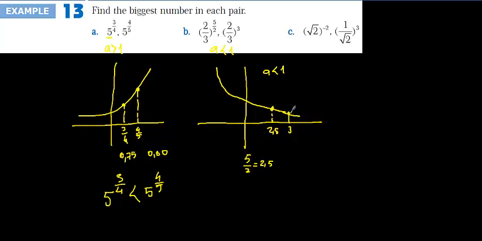As you see, this is the 2 over 3 to the power of x graph. So 2 over 3 to the power of 5 over 2 is bigger than 2 over 3 to the power of 3.